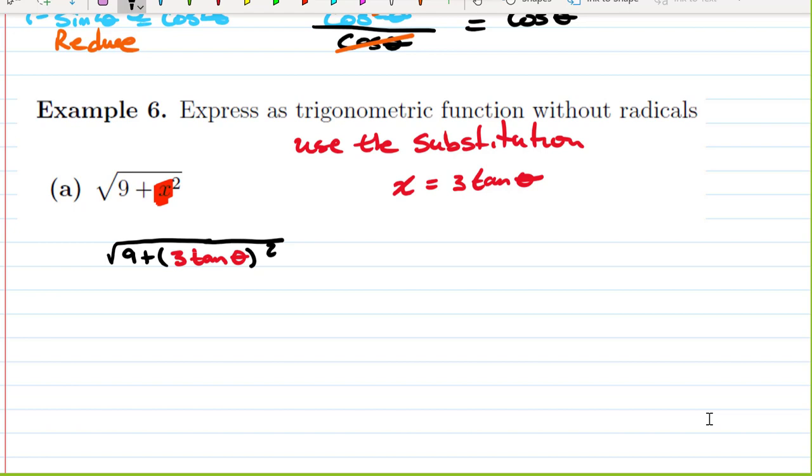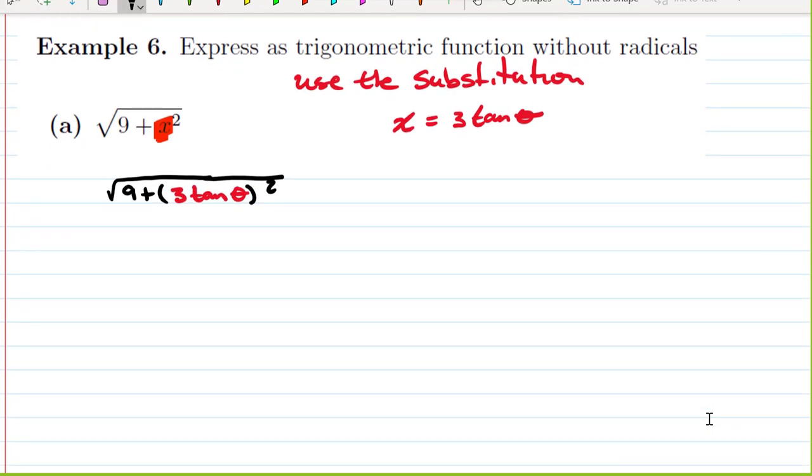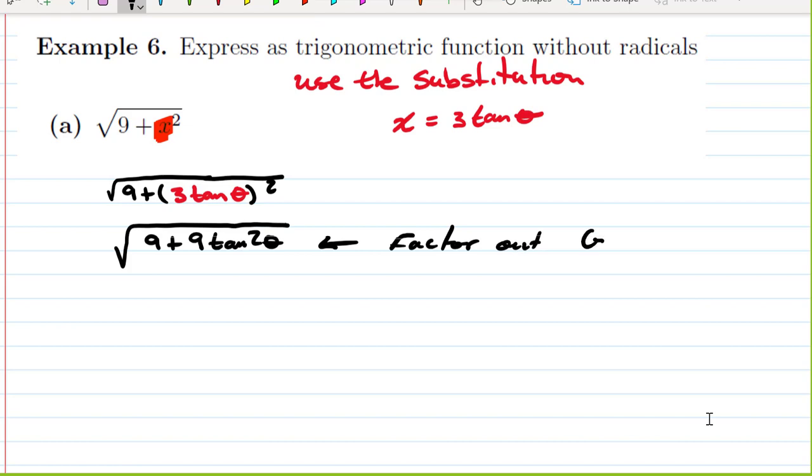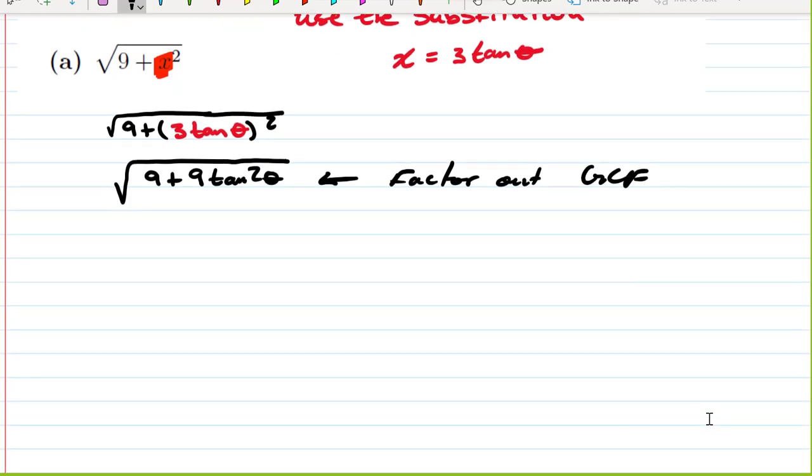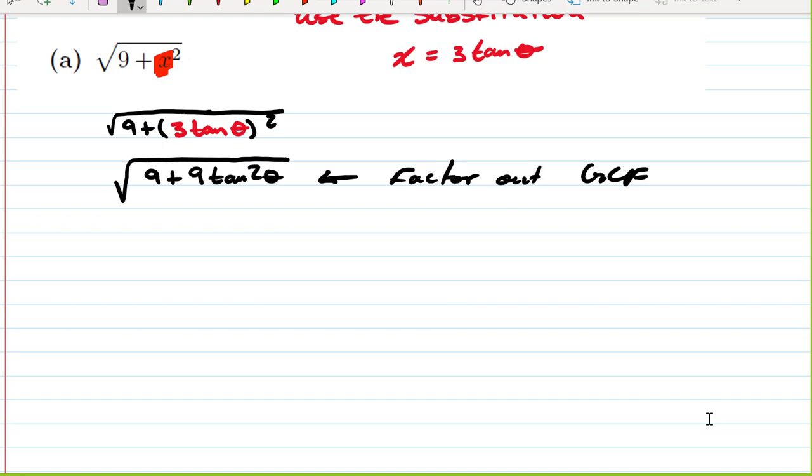And then 3 tangent theta squared is going to be 9 plus 3 times 3 is 9, and tangent times tangent is tangent squared theta. We now have a common factor of 9, so we're going to factor out our GCF, and our GCF this time is 9.